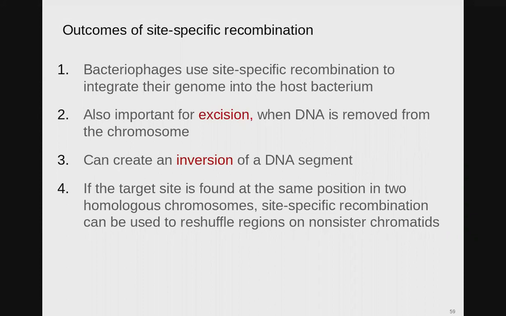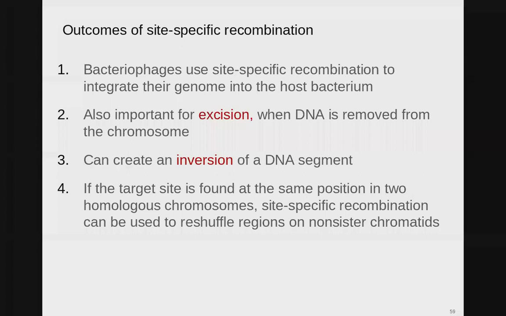Actually, I just want to make mention of one other thing. This is a cool thing. The bacteriophage sticks its genome inside the host. Now, it has to replicate its genome from that, but it also has to essentially excise its genome from there.